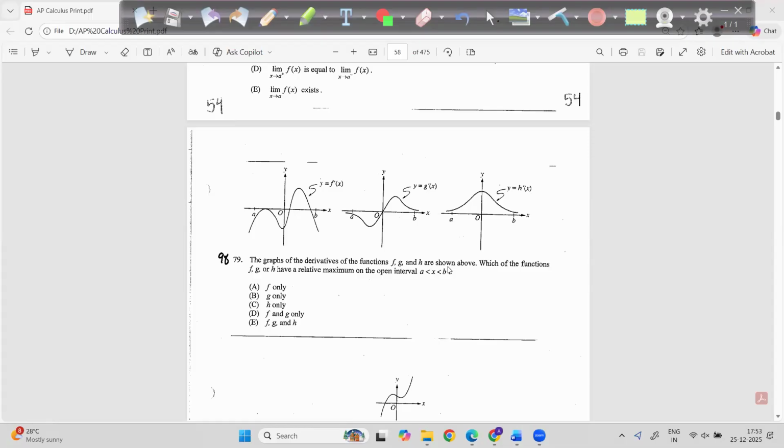So for 79, the answer is D, it seems. You both also please give me your answer, please.